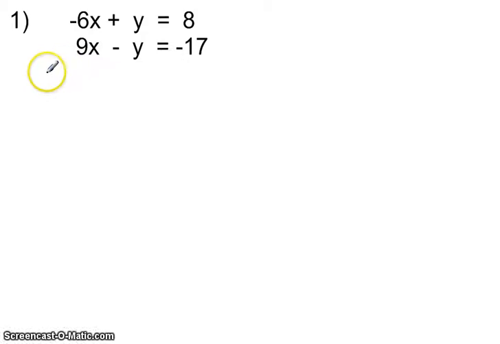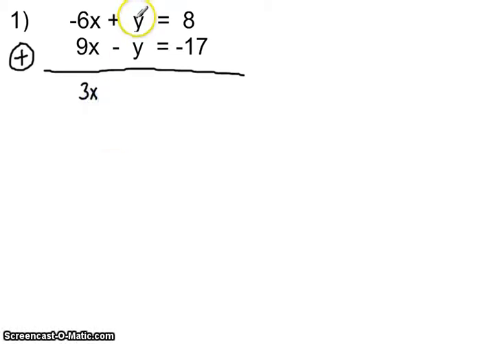So here's what we do, and it's going to look a little weird. As long as you got them lined up, we are going to add these two equations. Seems really weird. I usually circle this just to show that I'm adding the whole big thing here. And we're going to go vertically here. So like I said before, negative 6x plus 9x gives me 3x. Positive y and negative y eliminate each other to 0, so I don't even write anything.